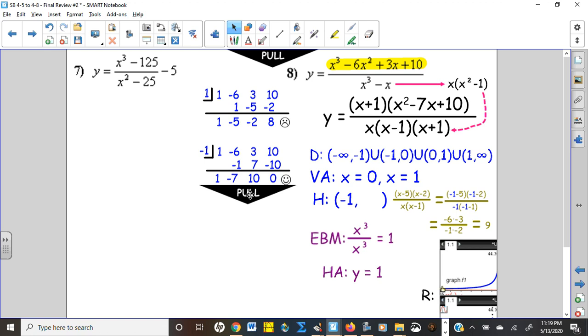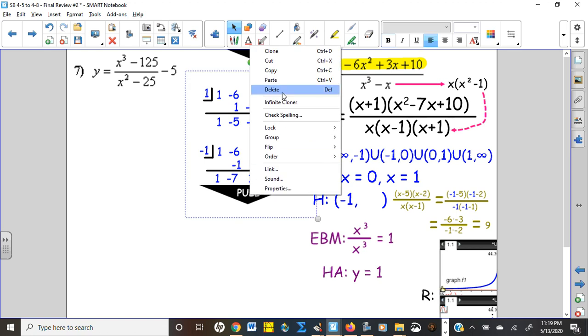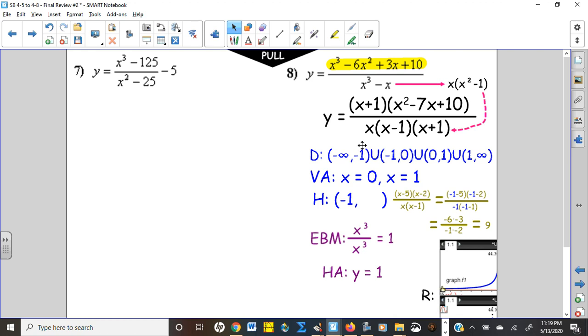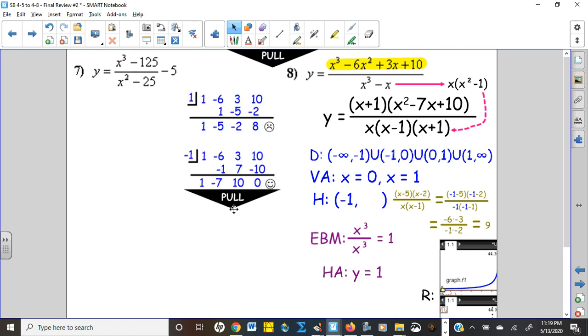So a little synthetic division to keep you healthy. Now I know that x plus 1 is a factor, and what was left, I guess I should have told you, was the x squared minus 7x plus 10, right there.